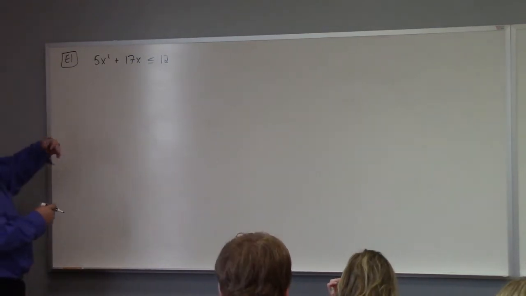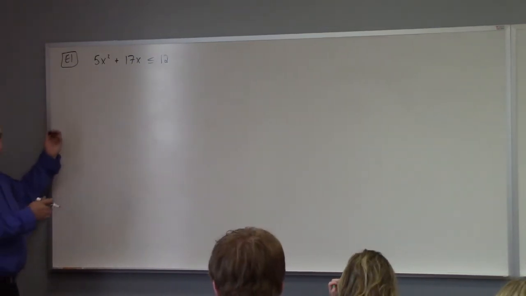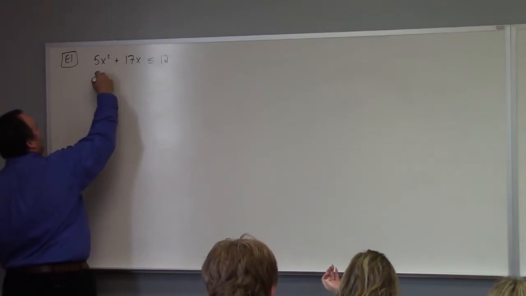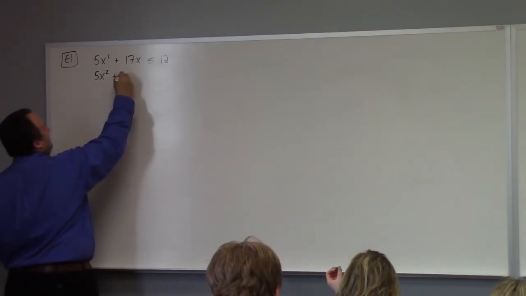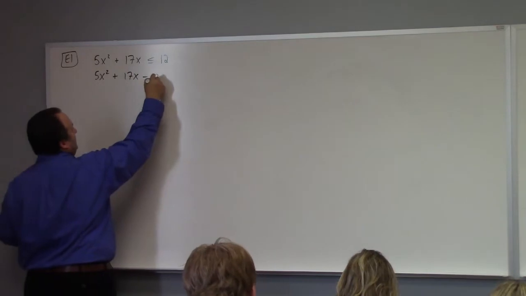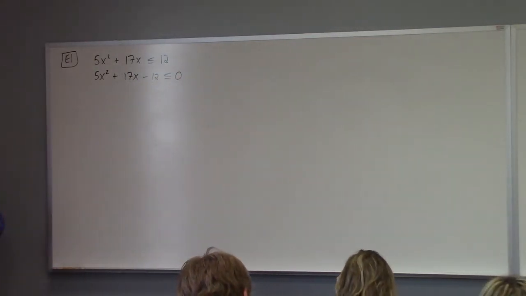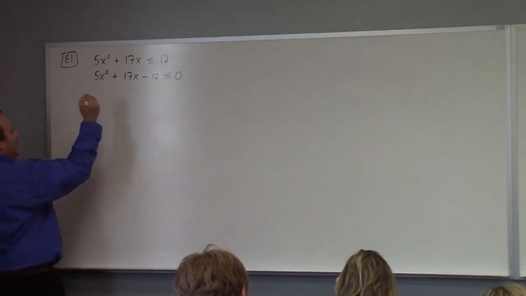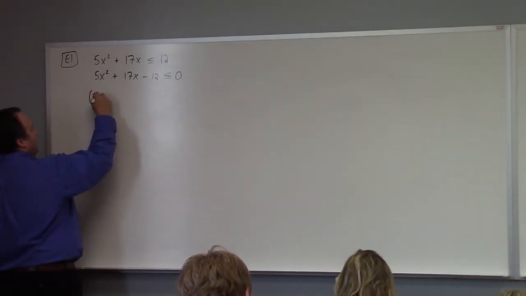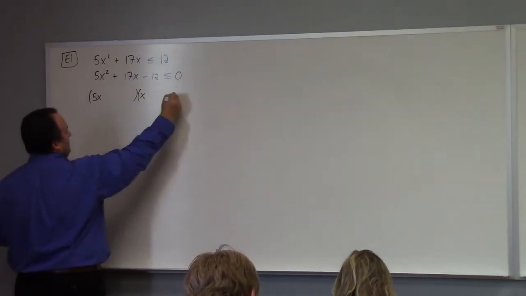All right, so here, subtract 12 to the other side, right? So we've got 5x squared plus 17x minus 12 less than or equal to 0. Now, because this is a homework problem, I'm pretty sure you can factor it. Let's see if we can figure it out. So we've got 5x, x, right?